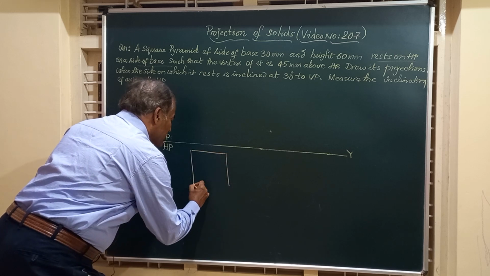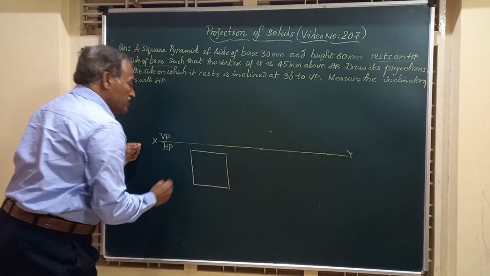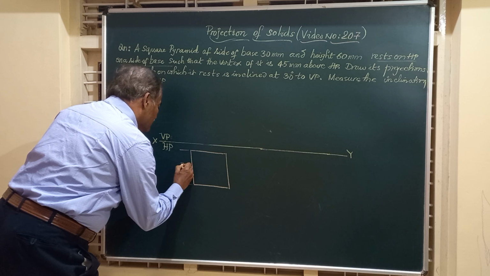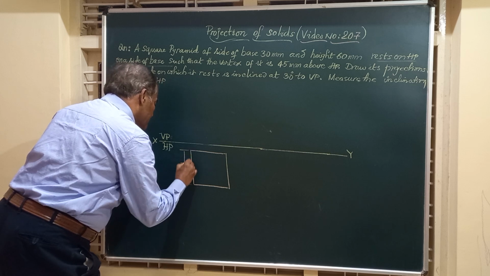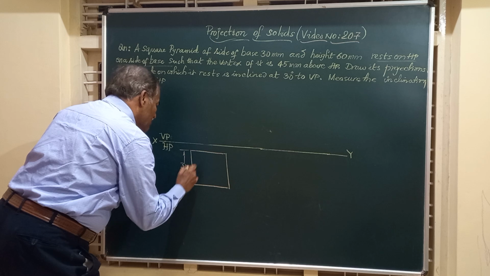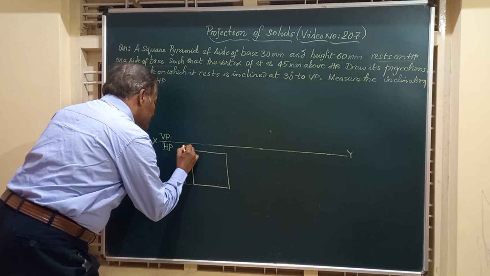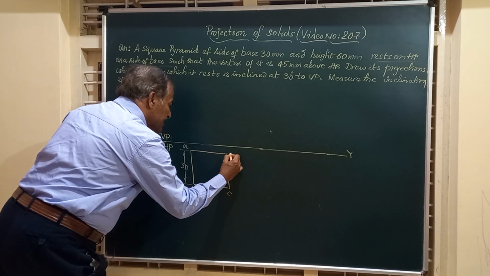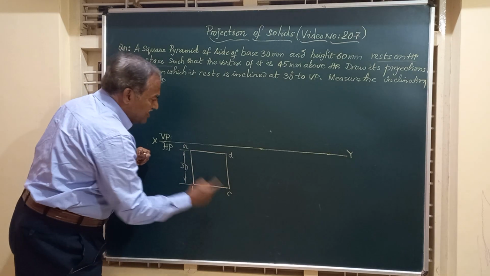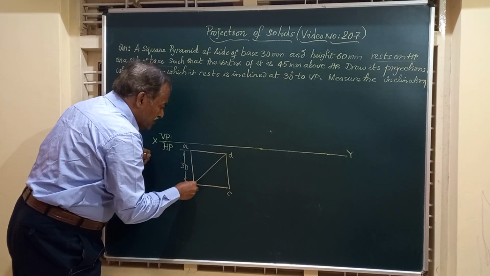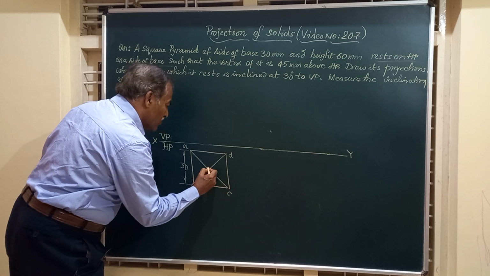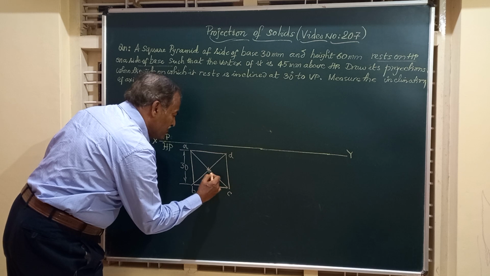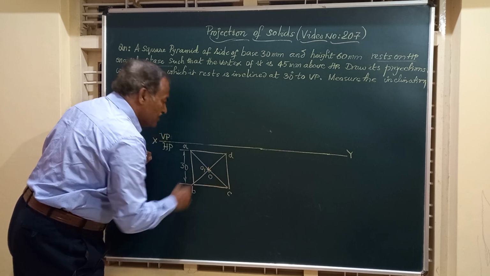The top view is a square and this side is also given to us. This is a square of 30 mm side, so I will just mark it as 30, and mark these corners as A, B, C, D. And if you join these diagonals AC and BD, they meet at a common point O. O is the top view of the vertex O, and even O1, the center of the base, will be here.